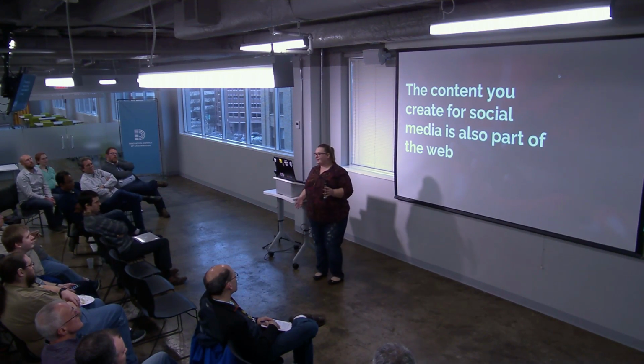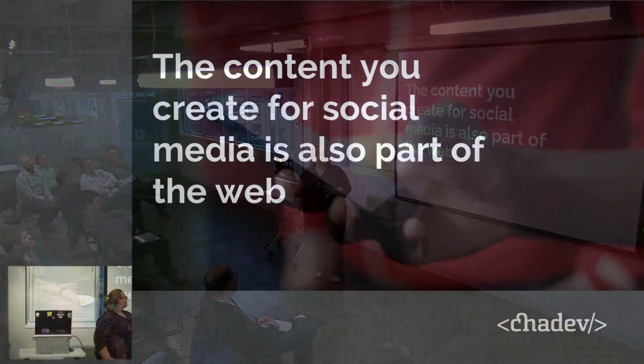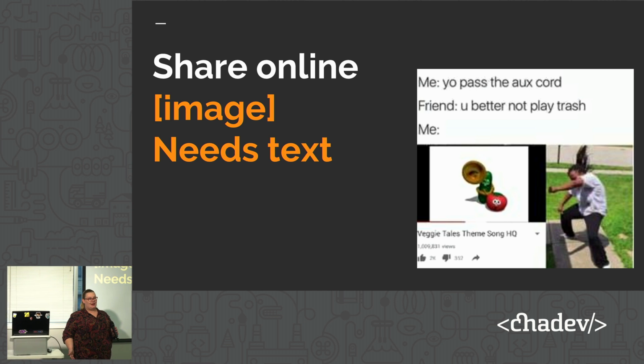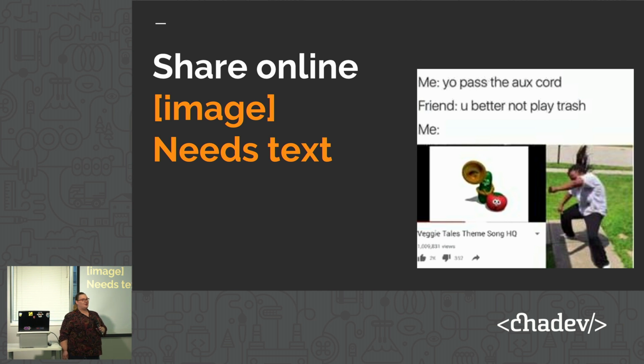So this is just a thought. I'm not too technical today. Content that we create on social media. One thing that's huge for people that use their screen readers can't. So something that we can all do.